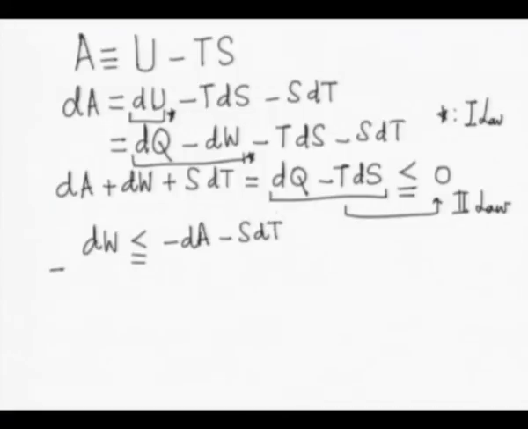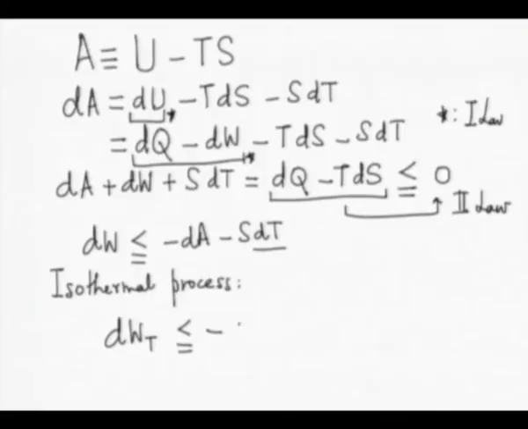And now consider an isothermal process, so that this dT can be put equal to 0, and you will get the work done by a system under an isothermal process is less than or equal to the reduction in the Helmholtz function.